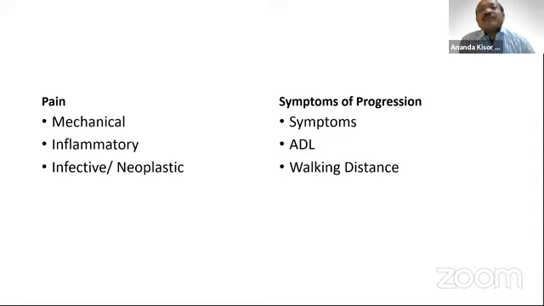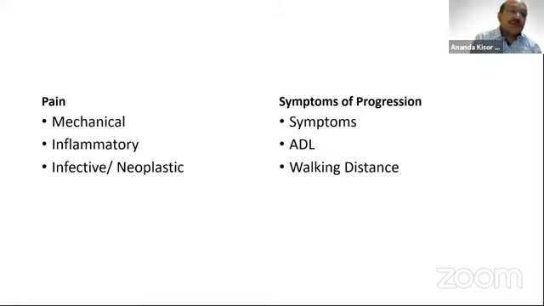So rest pain relieved by activity is the character of inflammatory pain, just opposite to mechanical. Whereas in infective and neoplastic pain, the pain is present always. There is no relieving factor unless the patient takes some medicines. Otherwise there is always pain, and activity can aggravate.